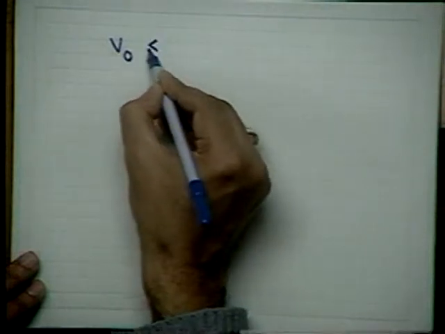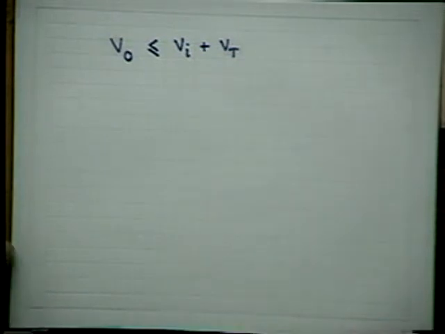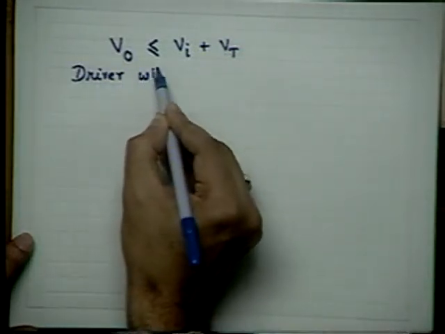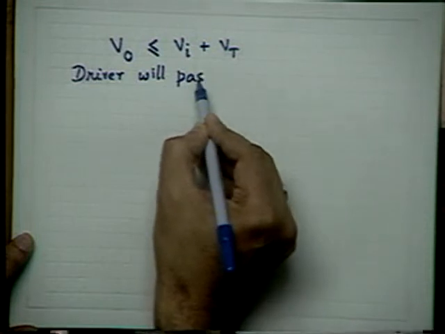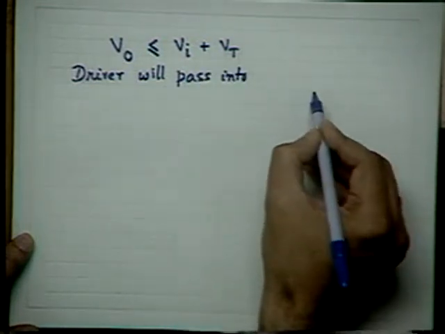Now, let us consider the other situation when VO is less than or equal to VI plus VT. All right? Then the driver will pass into the linear region.